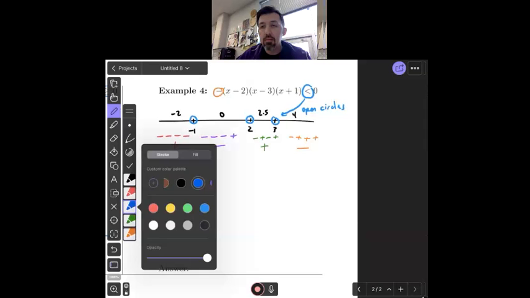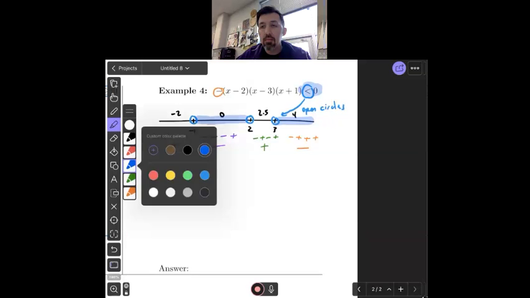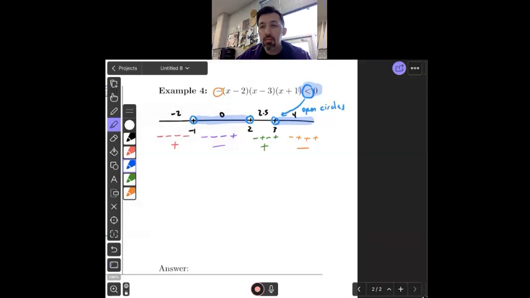Why do I want the negatives, Rhea? Okay, because they're less than 0, right? So here are the intervals that we want. We want less than 0. Grant, how would I describe this interval here?